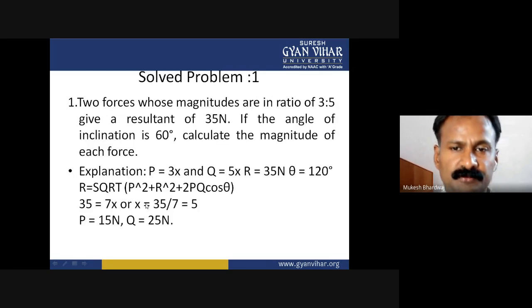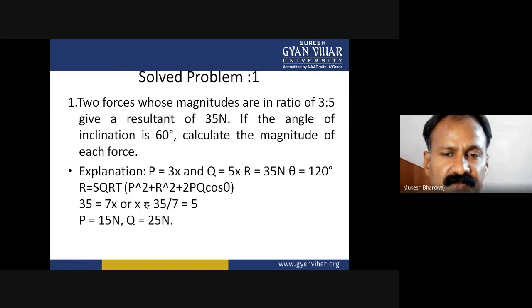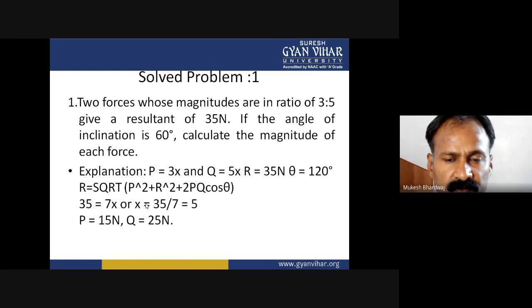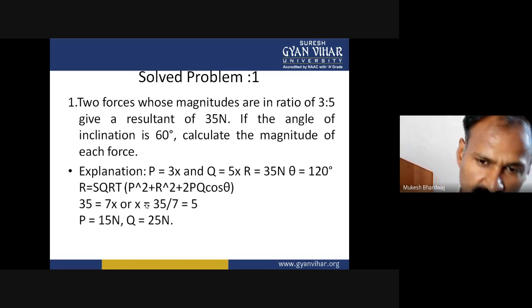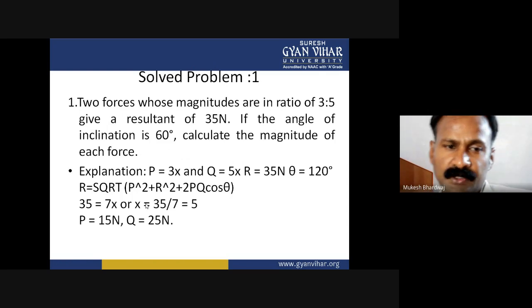Two forces whose magnitudes are in the ratio of 3 to 5 give a resultant of 35 Newton. If the angle of inclination is 60 degrees, calculate the magnitude of each force. So P equals 3x and Q equals 5x, R equals 35 and theta equals 120 degrees.